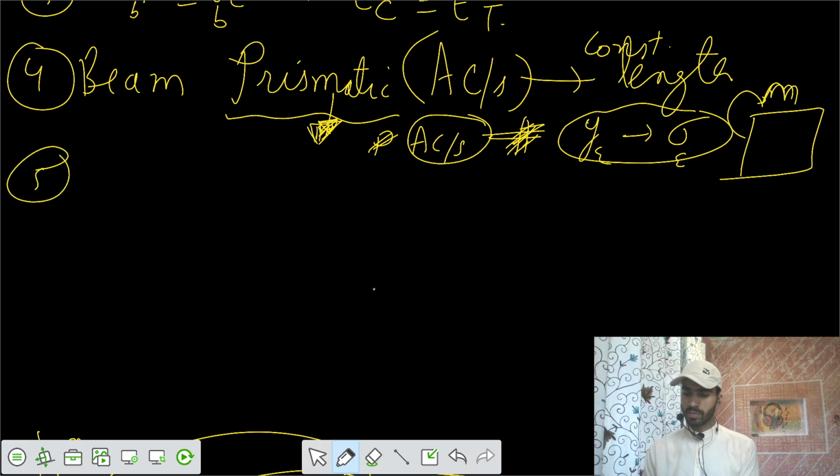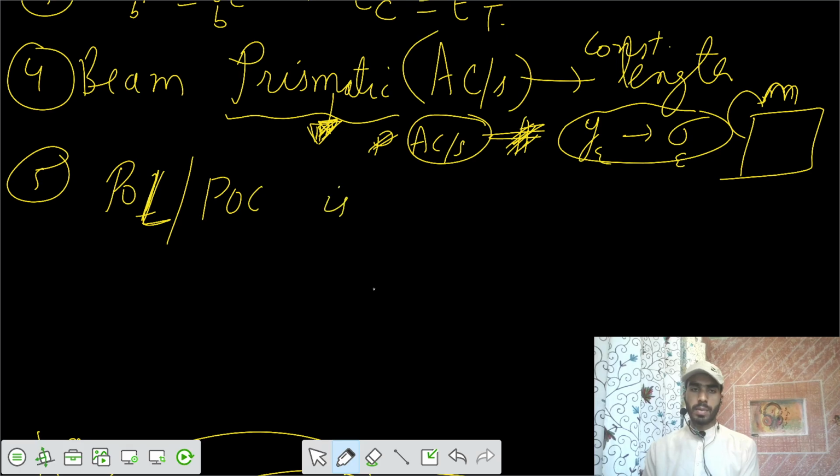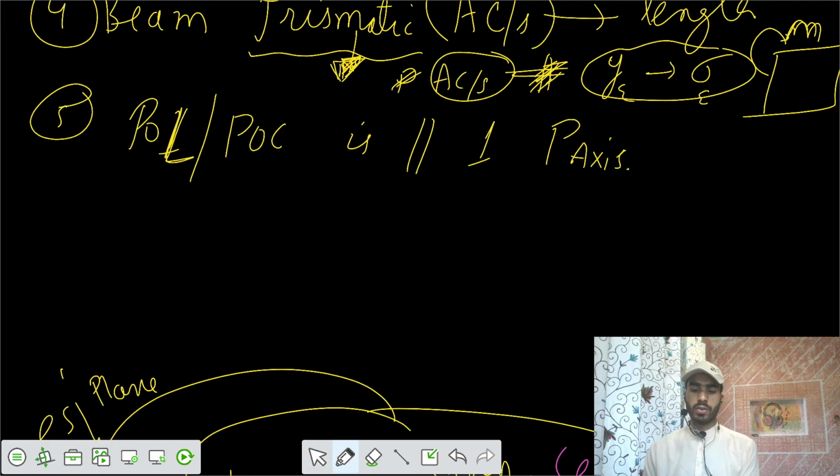Fifth, the plane of loading, which we also call the plane of couple, is parallel to one of the principal axes, and the load is perpendicular to the long axis.